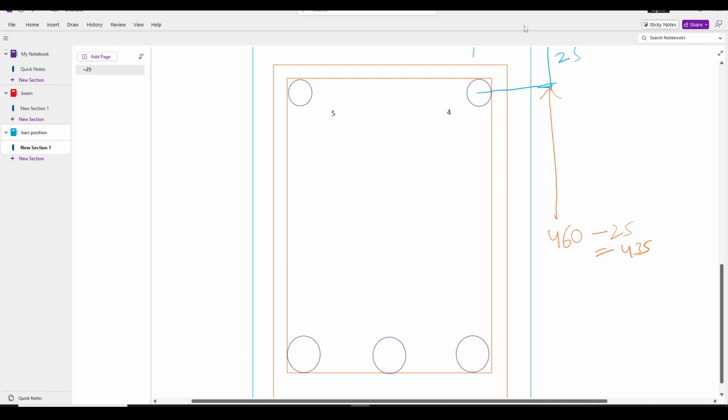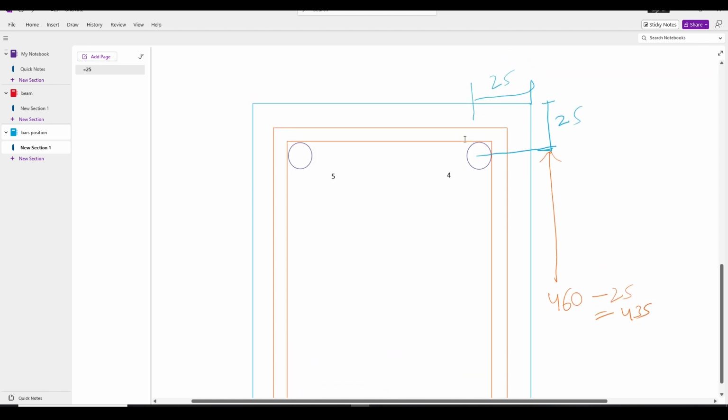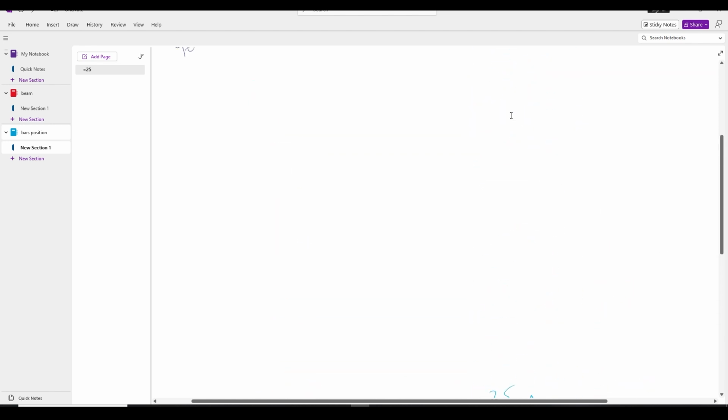So for bar number 4, we have 435 in y direction and 25 in x direction.